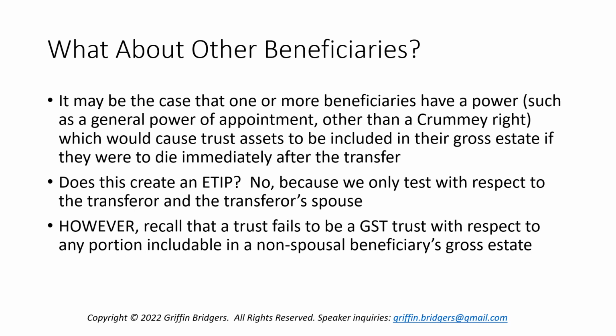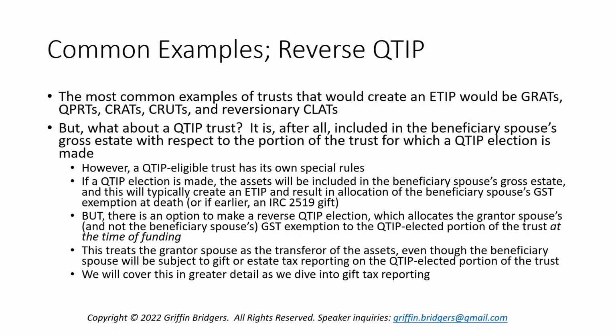And even then, manual allocation in that type of circumstance may not make sense because of that transferor shifting type of analysis, especially if the beneficiary in question is not a skip person. It may be better to wait and have that beneficiary allocate their own GST exemption at the time that they die because of the gross estate inclusion through that general power of appointment.